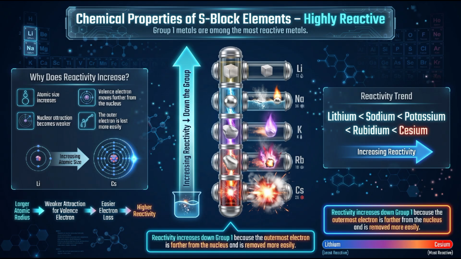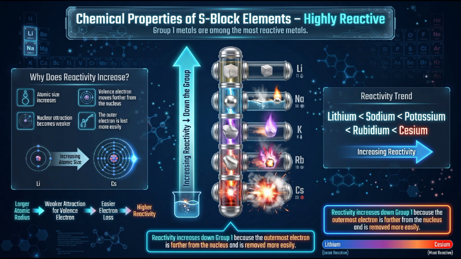Group 1 elements are among the most reactive metals in the entire periodic table, because each atom contains only one valence electron in its outermost shell. This single electron is weakly held by the nucleus and can be removed very easily during chemical reactions.